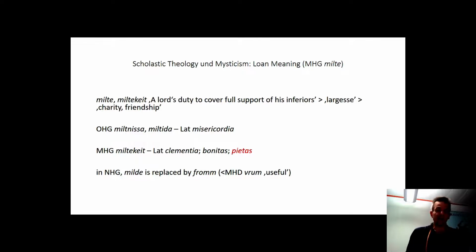Instead of displacing the old key concept of feudalism, however, the formation Miltigkeit, so to speak, infects it with the corresponding semantic nuance of Latin pietas. The meaning of late Middle High German Milte, mercy, kindness, friendship, is to be interpreted as the result of a borrowed meaning.